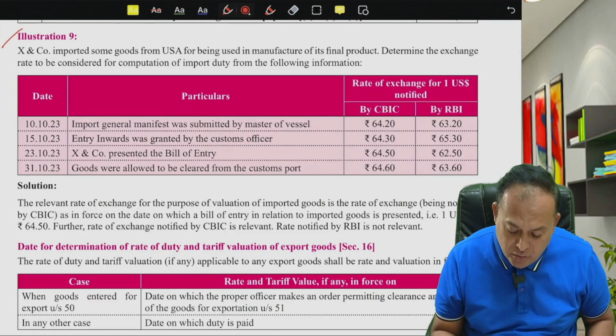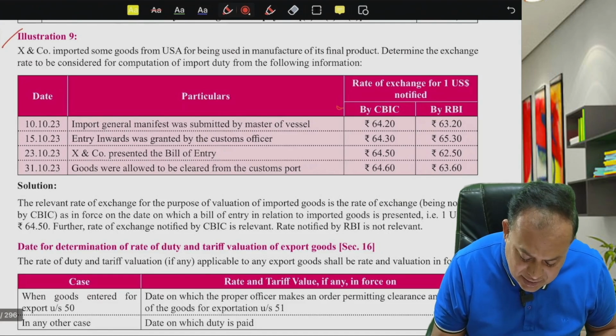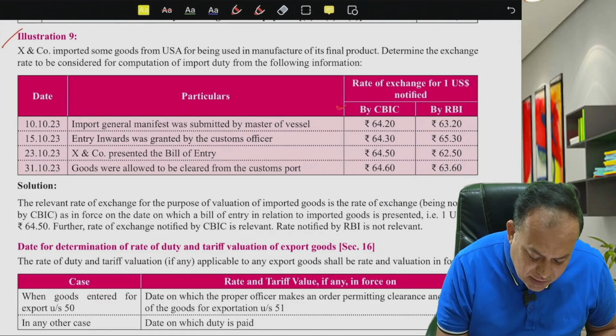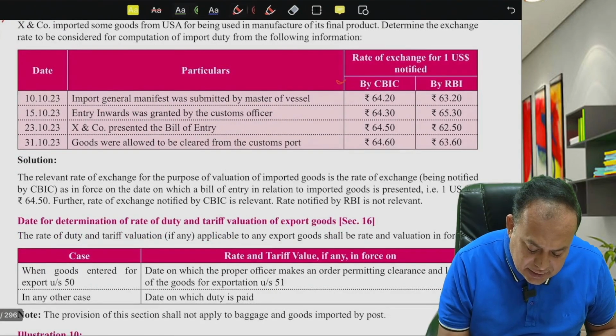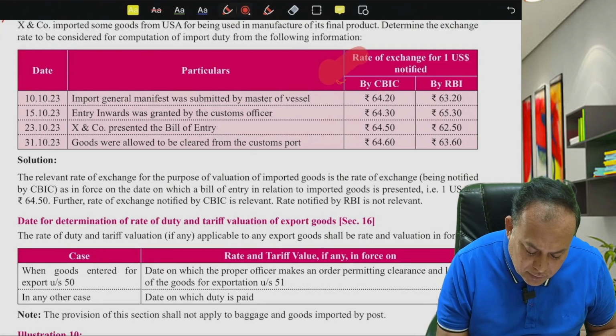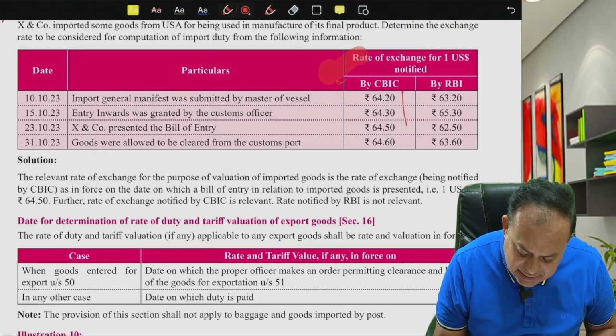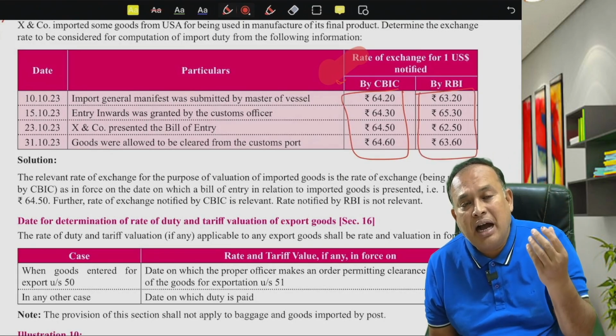Like that, there are various exchange rates given. CBIC exchange rate is given, as well as CBIC exchange rate, followed by CBIC exchange rate. Then here the RBI exchange rate is given. So different exchange rates are given at different dates.